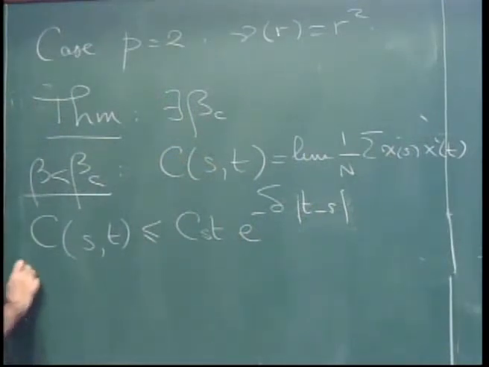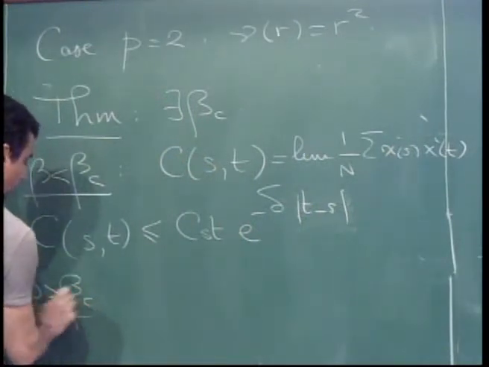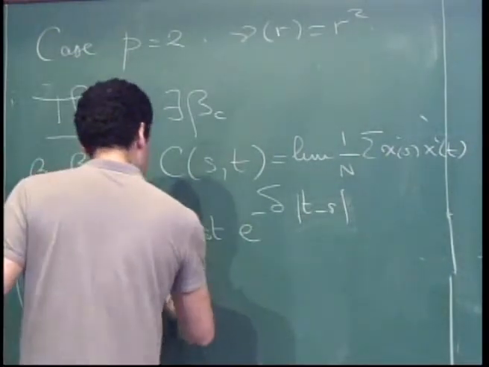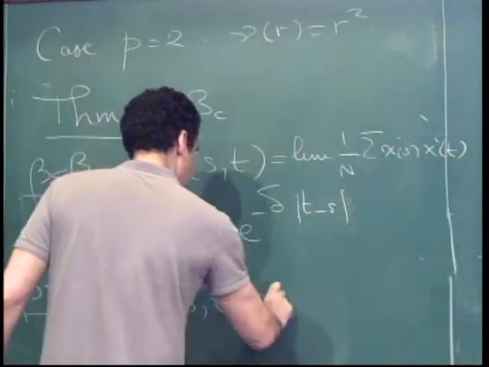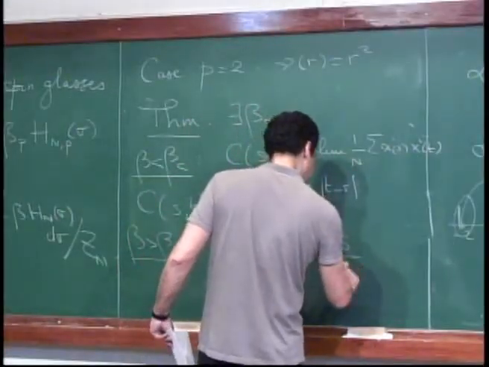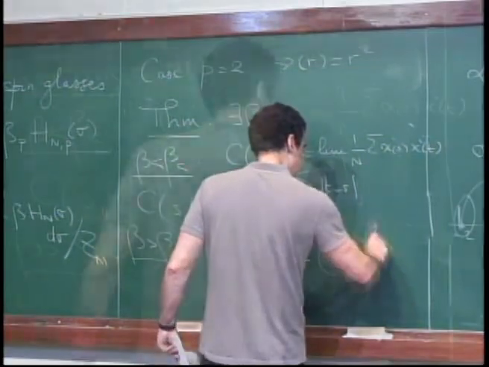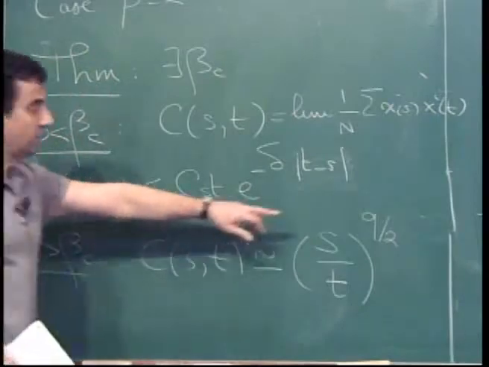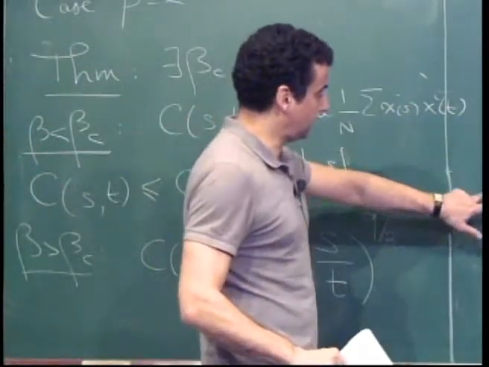But then you have the situation where beta is larger than beta critical. We also study the critical case, but let's forget it. What you find is that this thing now behaves like a certain function, which is in fact s over t to a power q over 2. This q here is linked to the exponent here.